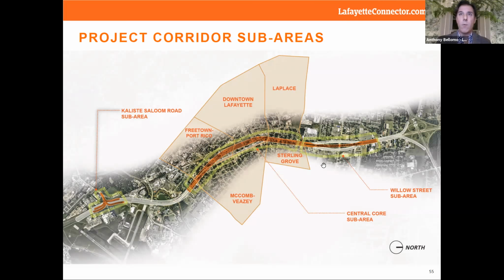What it starts to show us is that there are these sub-areas that might have different characters, and there might be different uses that are better suited to, let's say, this area where Khalees Saloon meets the main line versus where you're adjacent to dense residential neighborhoods in downtown. That would have a whole different demand for potential use.